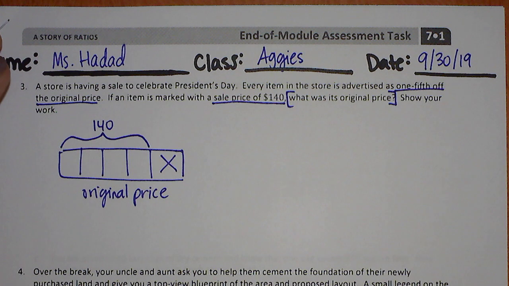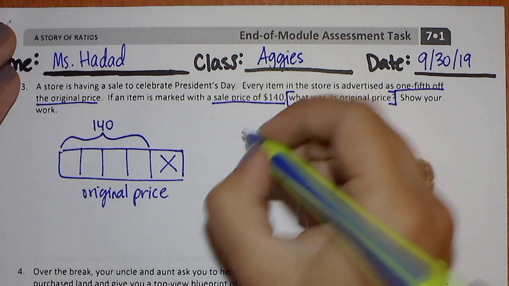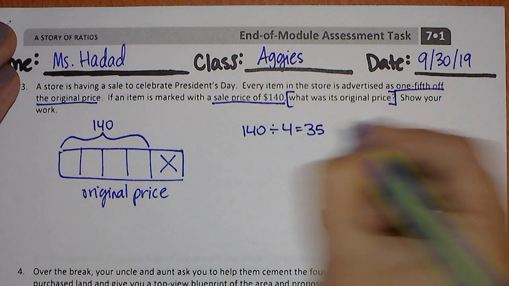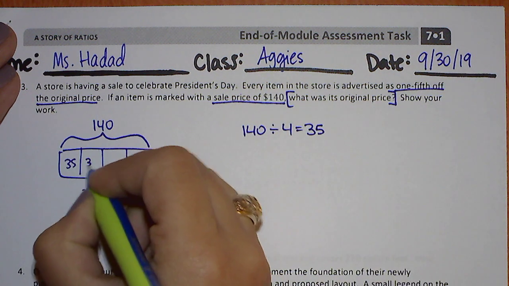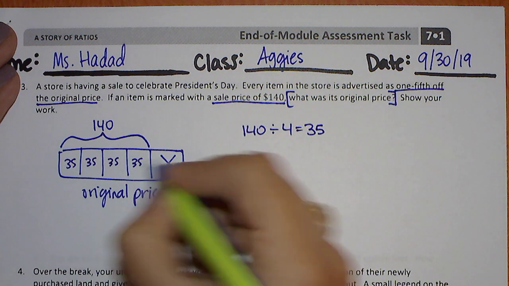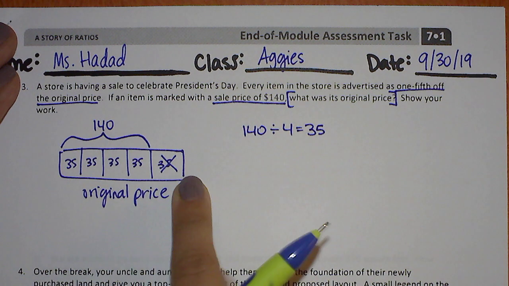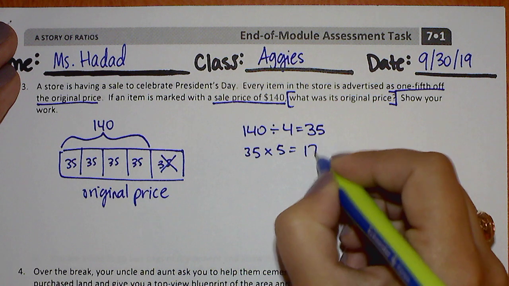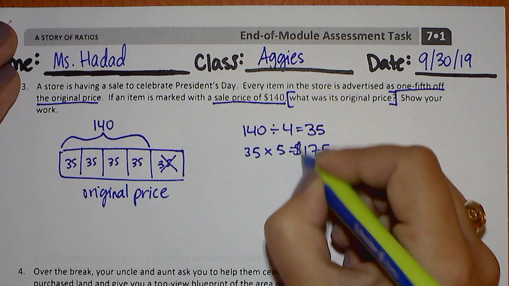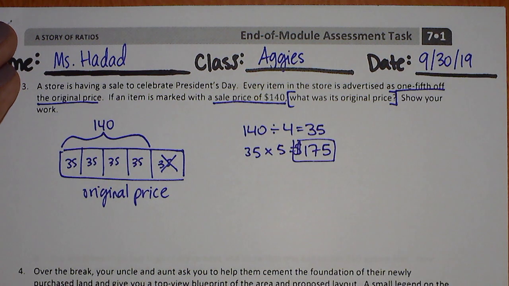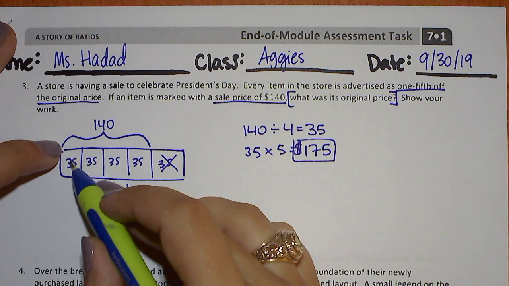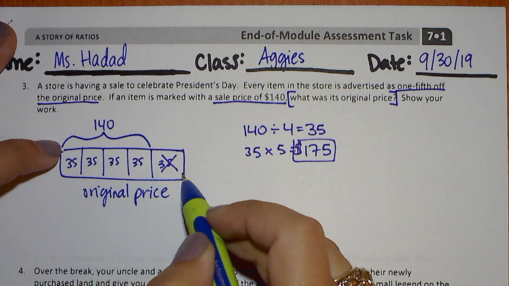There's a couple different ways you could have done this. You could have said, okay, well, 140 divided by 4 is 35. 35, 35, 35, 35, 35, and add it up. 35 times 5 is 175. You also could have just said, okay, well, let's say 140 is 4/5.